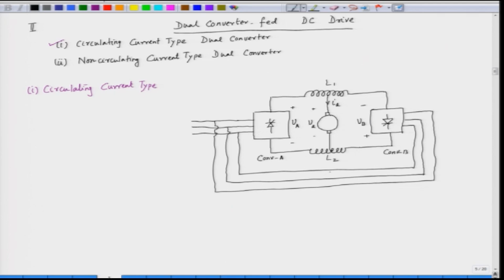Now, these two converters will only carry current in one direction, because they are unidirectional switches.